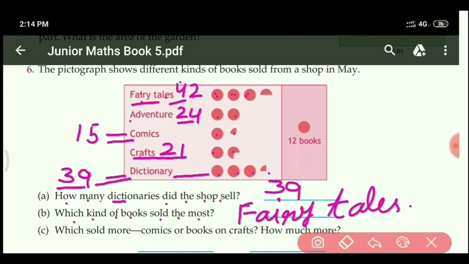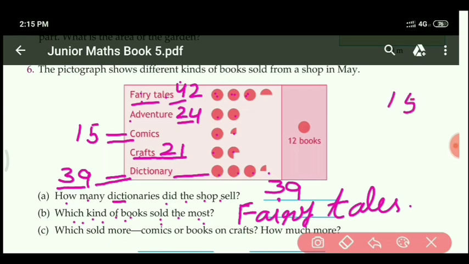Next, which sold more, comics or crafts? Here it is asked which sold more, comics book or craft book. Comics, how many are coming? 15.